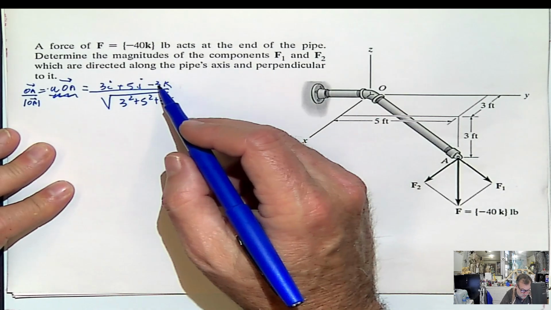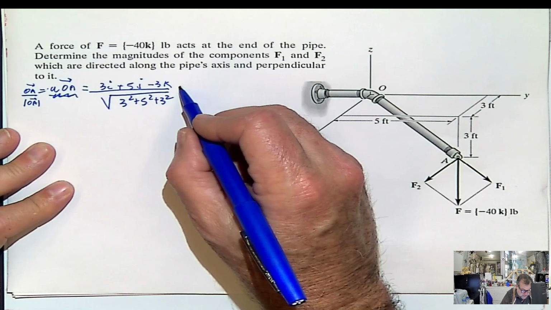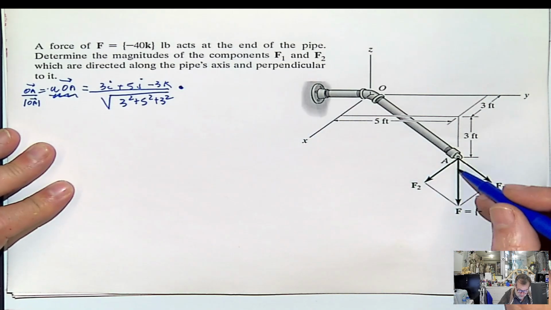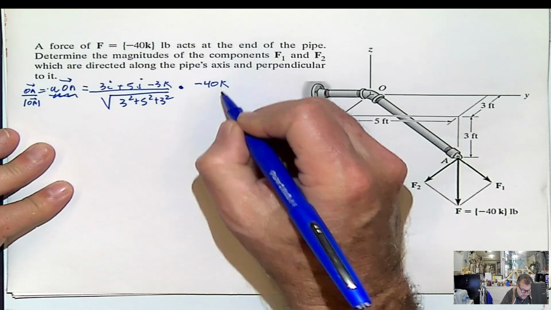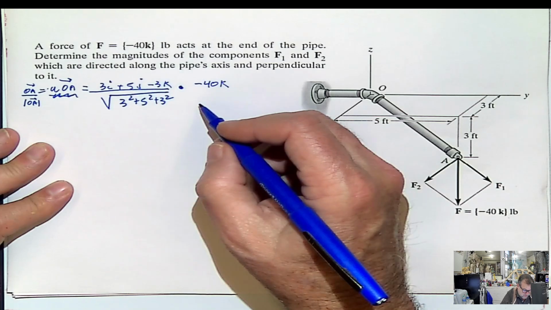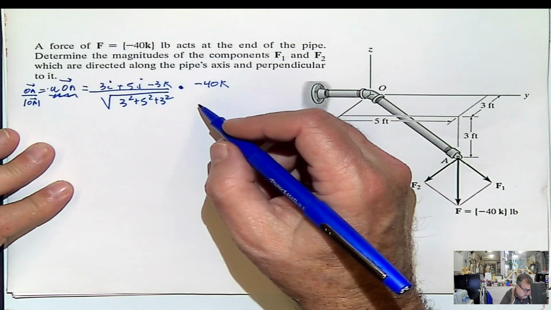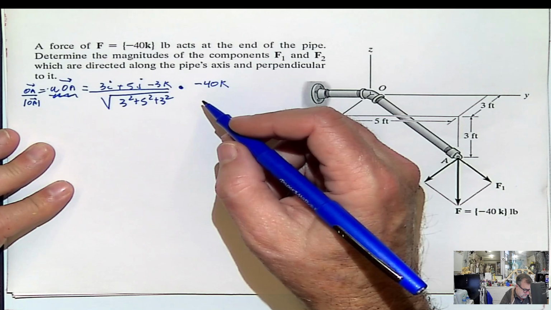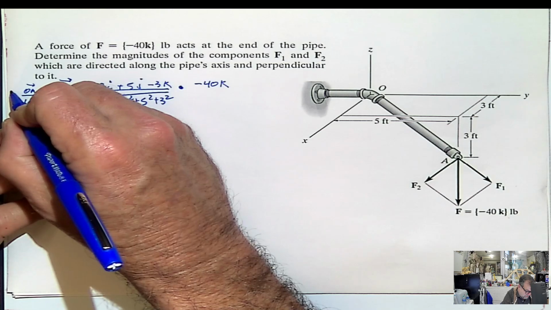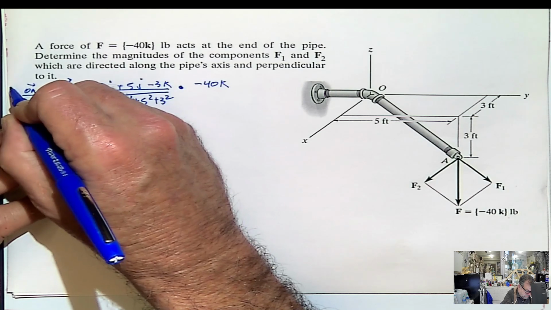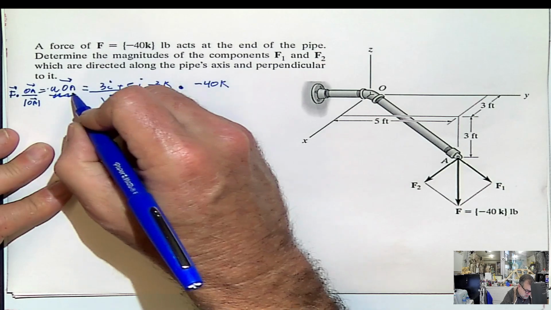So if I know this, I can dot multiply it by the force F, which is negative 40k, and the result of this will be just a scalar, and that scalar will give me the value that we are looking for. So I should put here F dot.